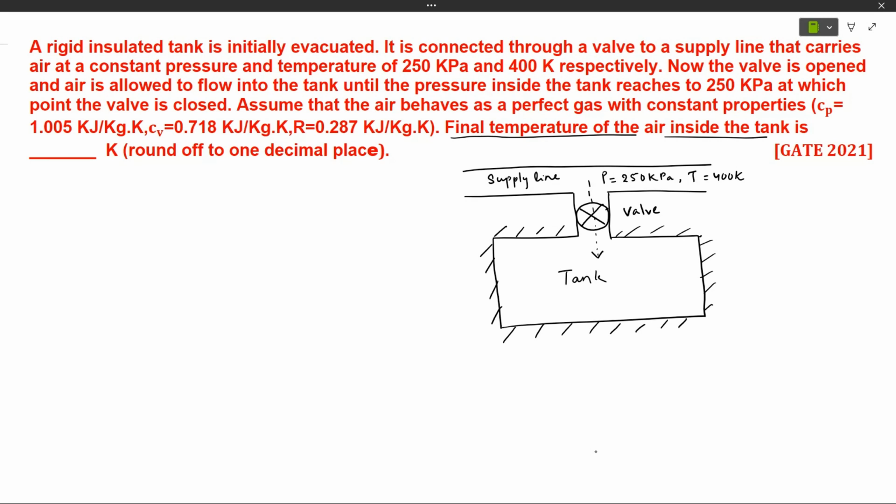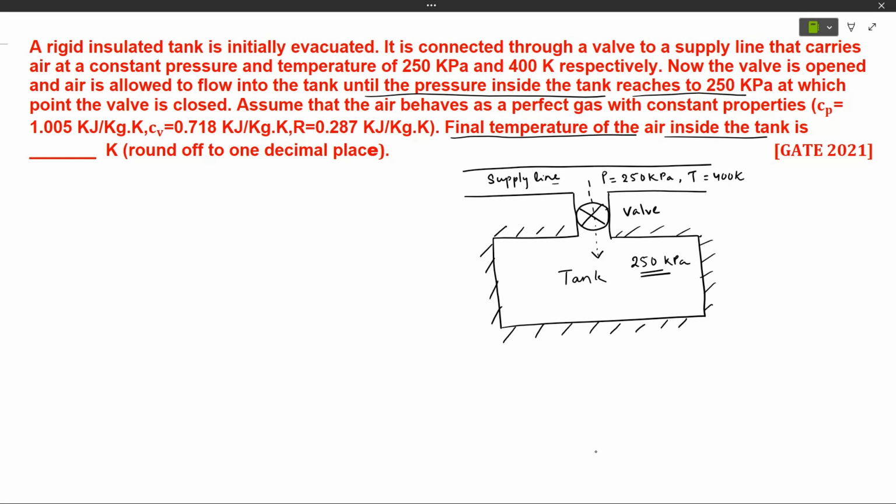Now the flow of mass into the tank from the supply line continues until the pressure inside the tank reaches 250 kilopascal. So this is mentioned in the question.